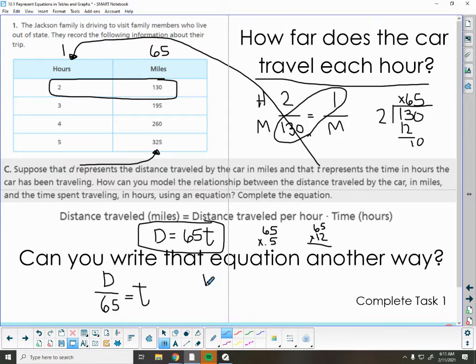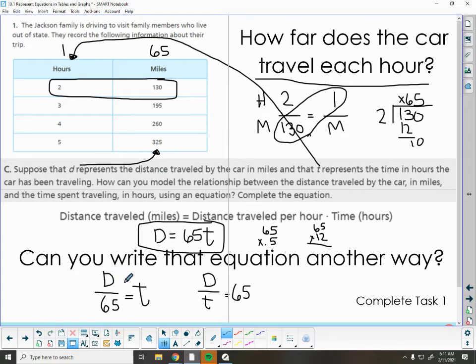I could also take my total miles and divide it by the time that we drive, and that should equal 65. So all of these three equations are the same thing. But notice, D is my total, and when I divide, D has to be on top.